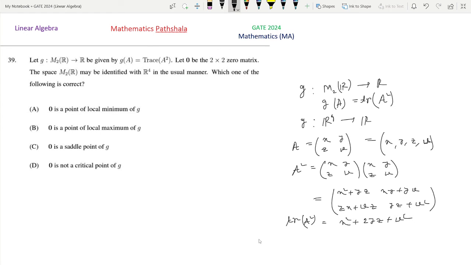So we can take this map G from R4 to R by G(x, y, z, w) equal to x square plus 2yz plus w square.